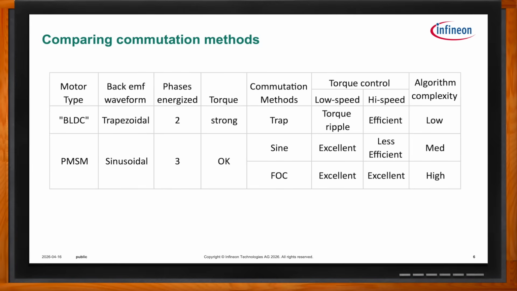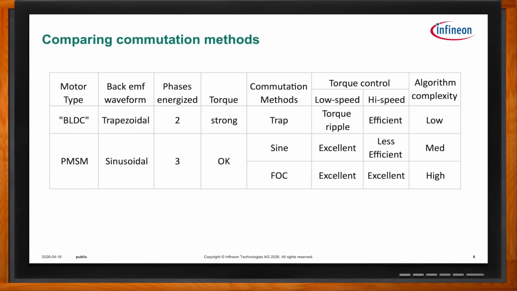Yeah, this is a simple chart comparing four electrically commutated motors, like we just looked at, with two different designs, trapezoidal versus sinusoidal, and then further commutation methods. So let's start with the first line, the brushless DC motor, BLDC, which, by the way, is probably incorrect.